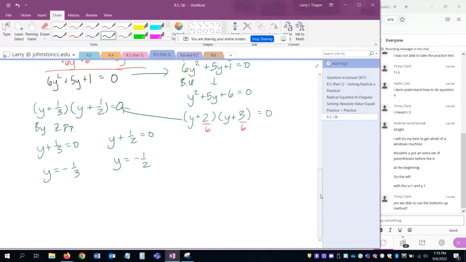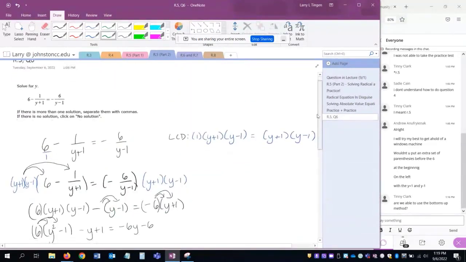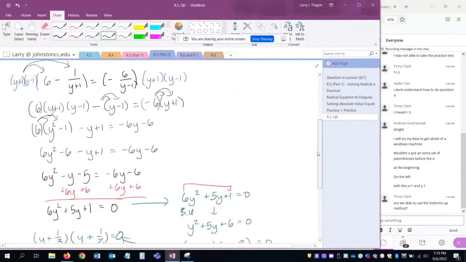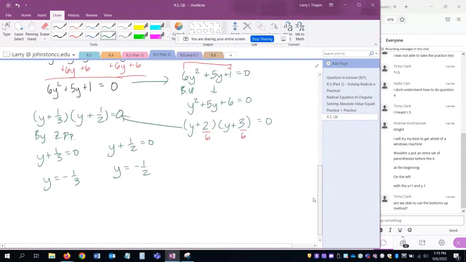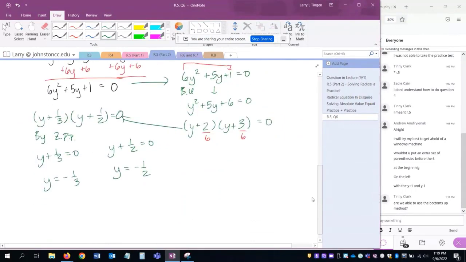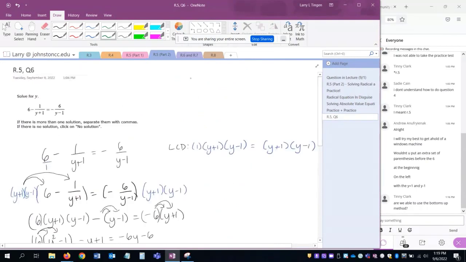And the question is, do they work, either of those solutions? Okay. So first thing I'm going to do is take a glance. Let's look at our original problem and see what values of y would cause division by 0.